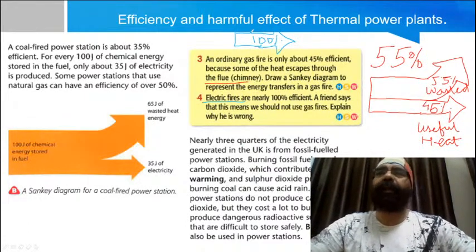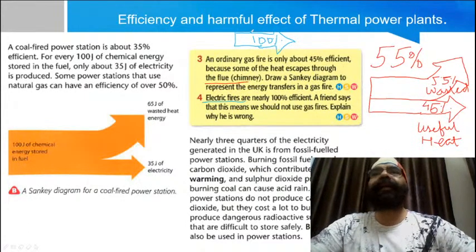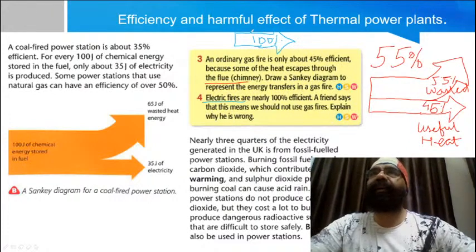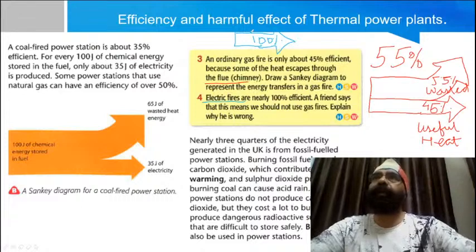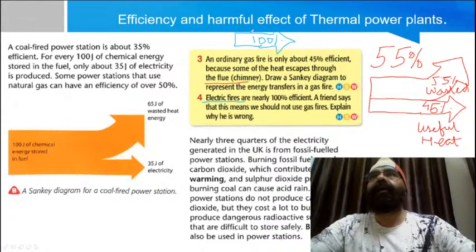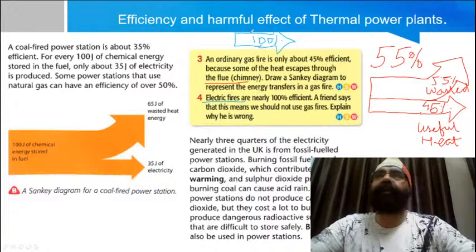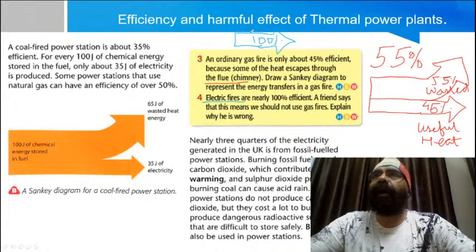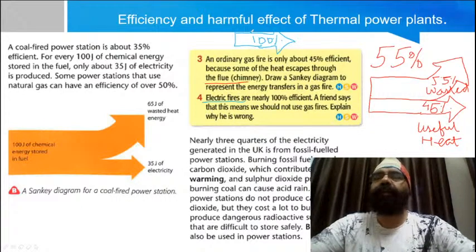Okay. See, beta. Now, if I look into the efficiency of electrical fire, it says it is 100% efficient. So sounds very good, isn't it? Wow. Whatever energy was supplied to it, the same amount of heat has been generated. No wastage. 100% efficiency. Okay.